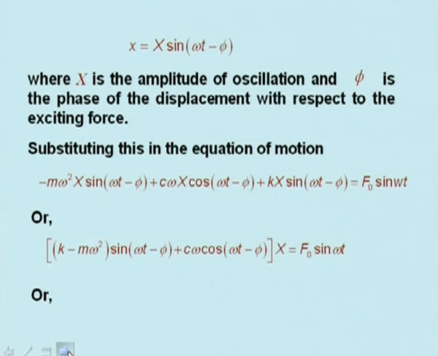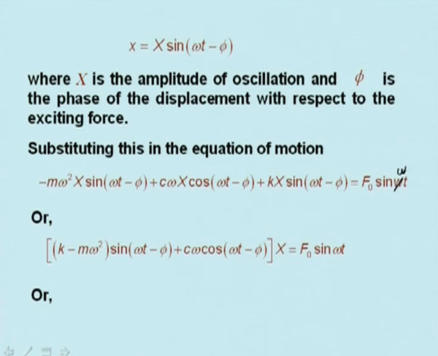If you substitute this expression in the equation of motion, you get minus m omega square X sin omega t minus phi, because X sin omega t minus phi has been differentiated 2 times. Plus c omega X cos omega t minus phi, since it has been differentiated 1 time, plus kX sin omega t minus phi is equal to F0 sin omega t.